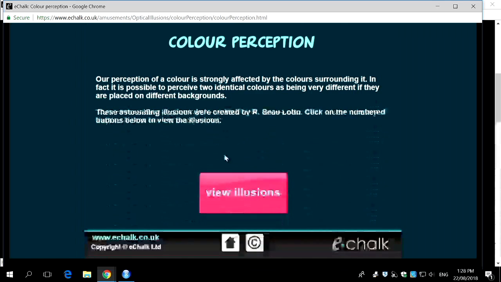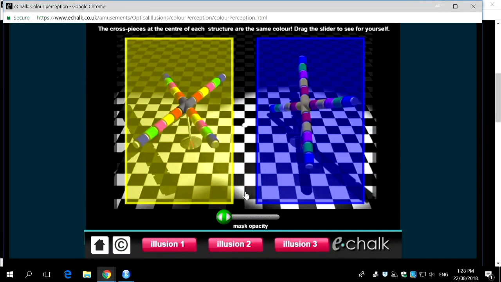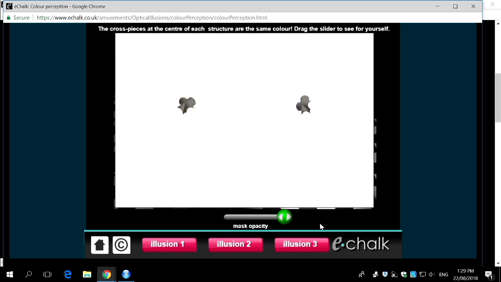Okay. This is an example of how colour perception is so dependent on the colours that are around something. So we've got two figures here, and you're looking at the middle, the junction figure, so that little piece that's in the middle. So what colour's the one on the left? Purpley grey, yeah. What colour's the one on the right? Yellow, right. Okay, so what I'm going to do is I'm basically going to fade away everything else, leave them both unchanged.